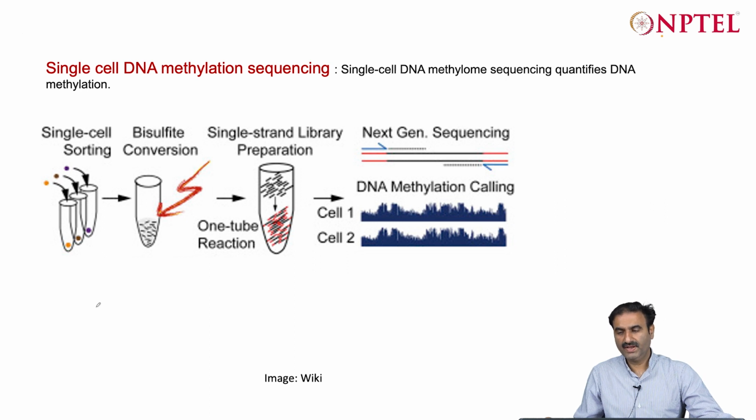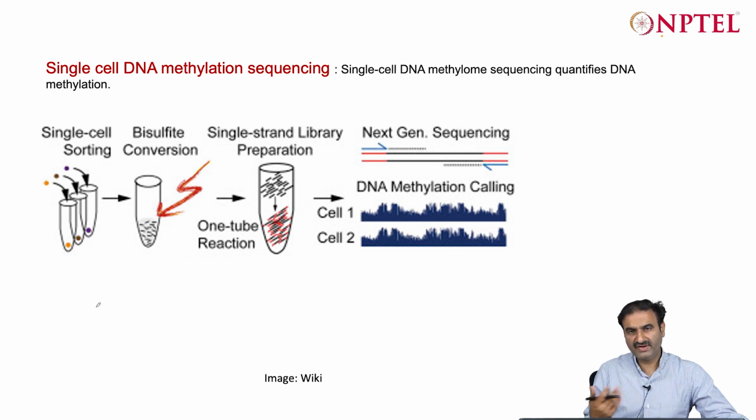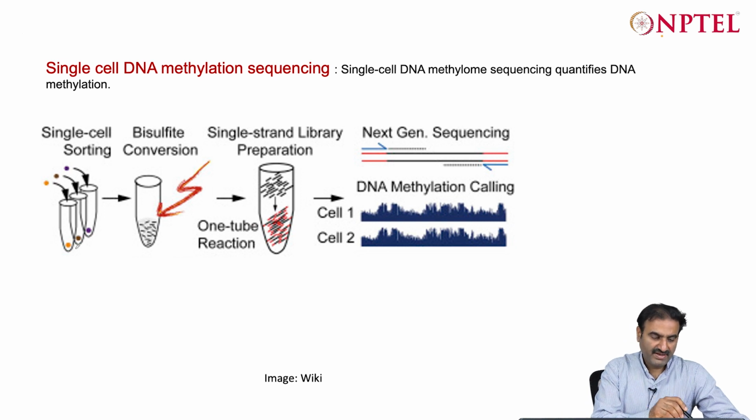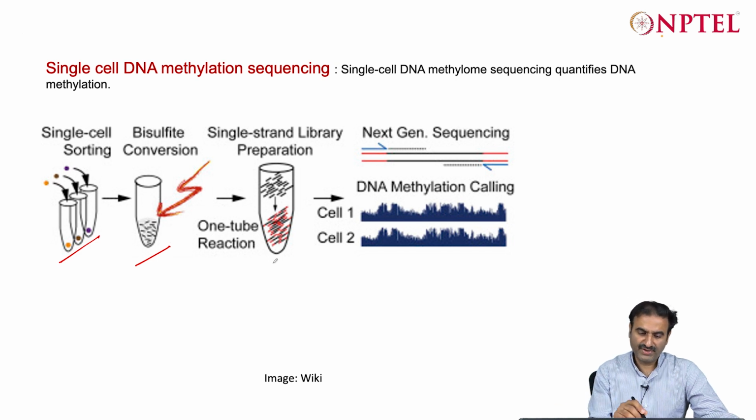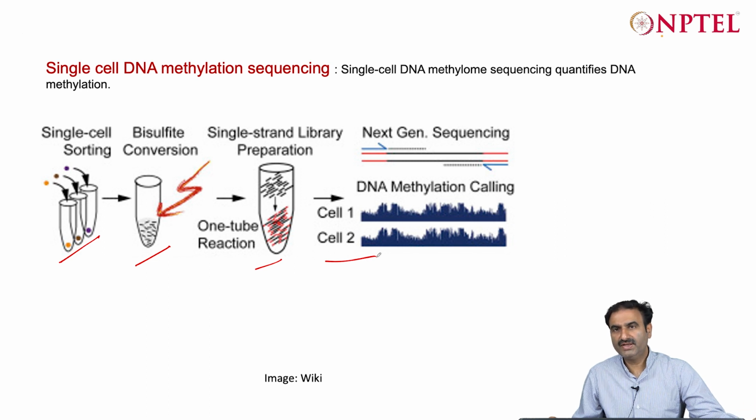Okay, so in this picture basically we are showing how single cell DNA methylation sequencing can be done. This we have also discussed when we were dealing with the epigenetics part. So basically single cells are sorted, and then for each cell the DNA that you get, the bisulfite conversion can be done, so that the normal C's become T's, and only the methylated C's remain, and then you can go for the library preparation and sequencing to base call all the C's.